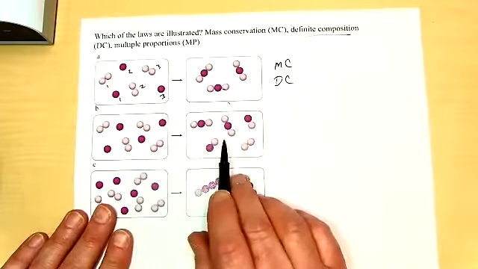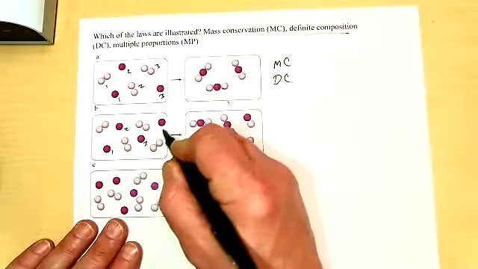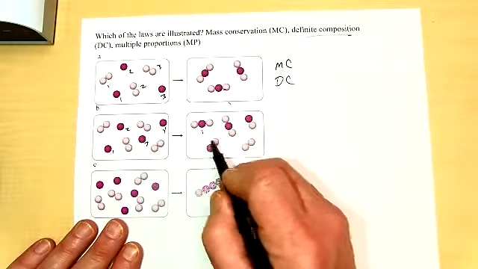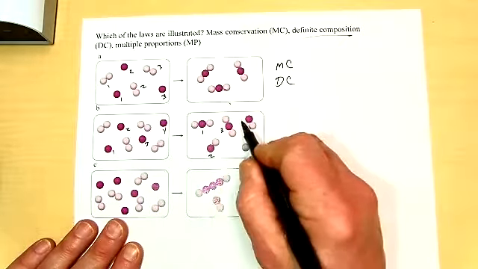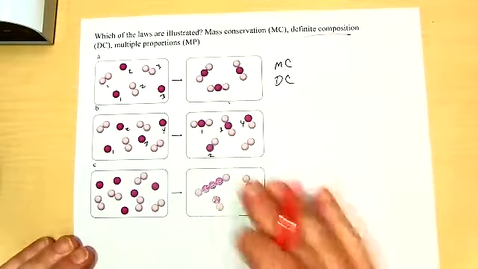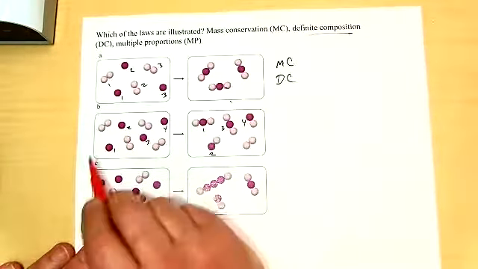In the second one, B here, we have 1, 2, 3, 4 of the dark colored ones. If we go over here just real quick, 1, 2, 3, 4 of those. I'm going to switch colors here. And so at least for that darker colored one, we have mass conservation, but let's continue and figure this out.